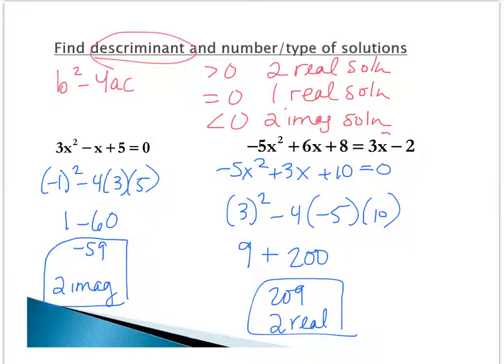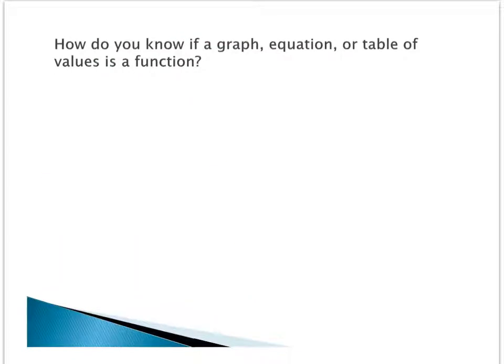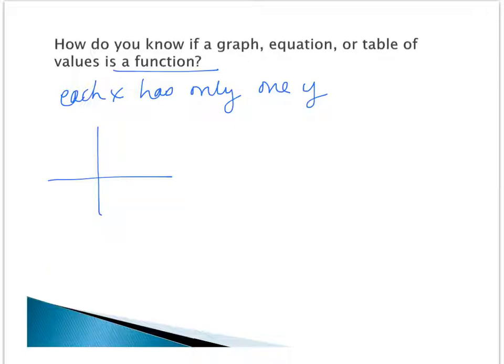When we are trying to determine if something is a function, we look to see if each x has only 1 y. So looking at a table of values, we basically check to see if the x value repeats. That would be the same as if we had a series of points. If we were looking at a graph, we look to see if it passes our vertical line test.